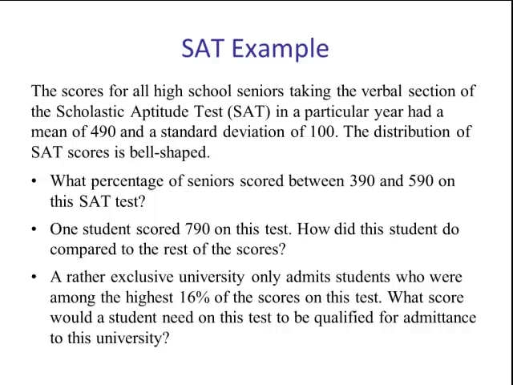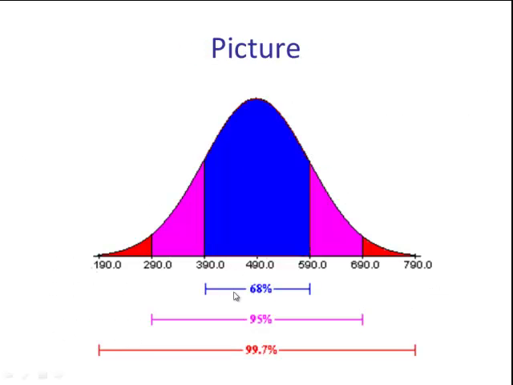First question. What percentage of seniors scored between 390 and 590? I think drawing a picture will help here. We put our mean smack dab in the middle. We have 490 here, and we're going to go one standard deviation below, so that would be 490 minus 100, which is 390, and one above, so that would be 490 plus 100, which is 590.